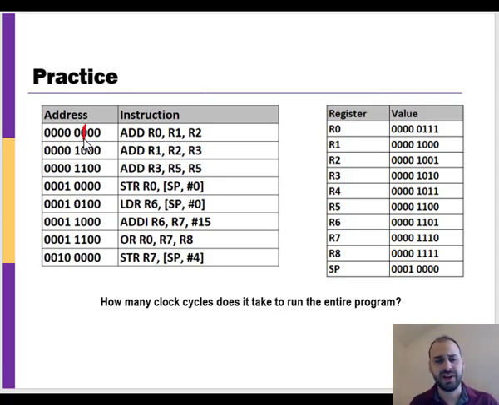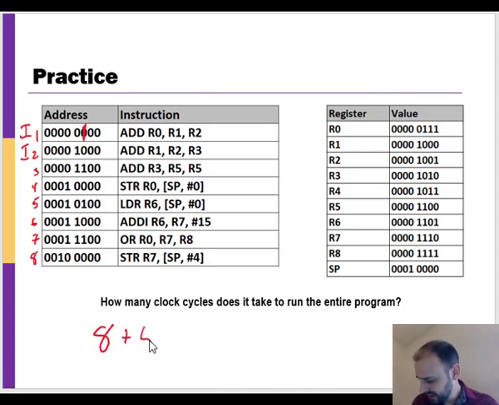All right, so the first question says, how many clock cycles does it take to run this entire program? Pretty basic question, right? We're going to see something similar to what we just talked about a few minutes ago. Let's just count how many instructions we have. We've got instruction 1, instruction 2, 3, 4, 5, 6, 7, 8. Okay, so for the number of clock cycles, we have 8 instructions, plus it takes 4 clock cycles to kind of fill the pipeline.